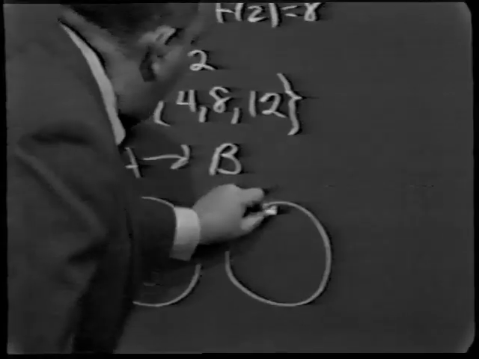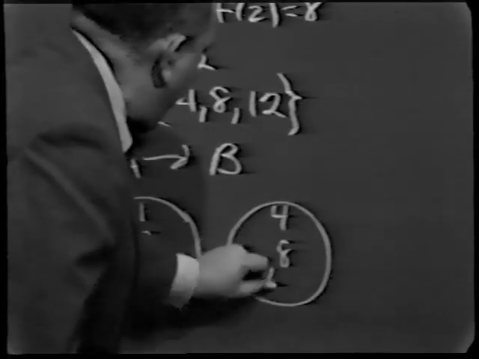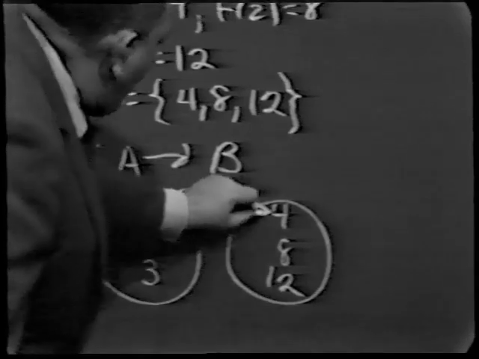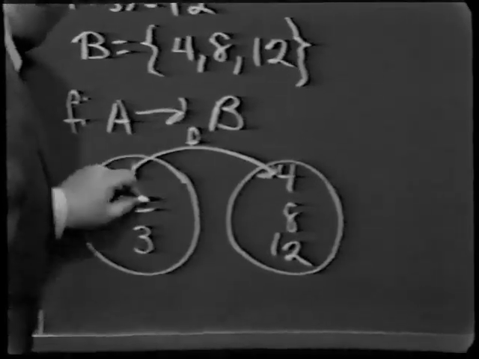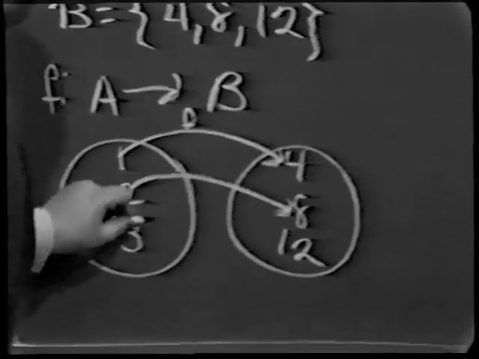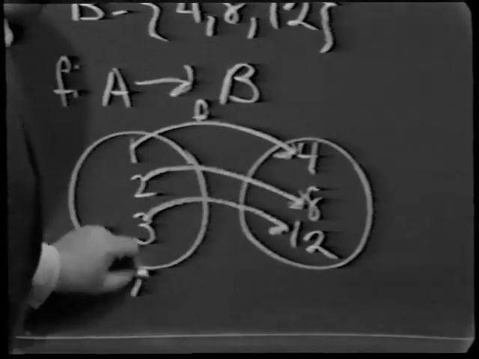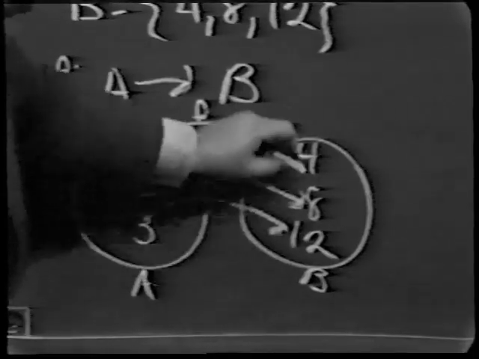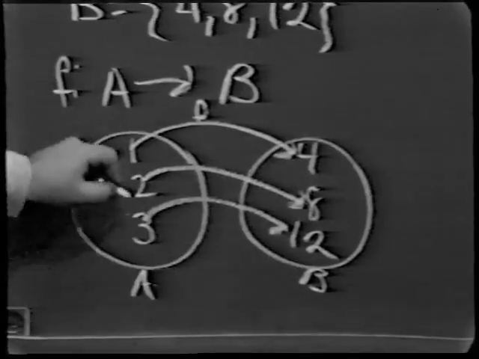And B, which is made up of 4, 8, and 12. Now, what does f do? It maps 1 into 4, it maps 2 into 8, and it maps 3 into 12. You see, what's happened here? A is not only mapped into B, but all of B is used up in this.